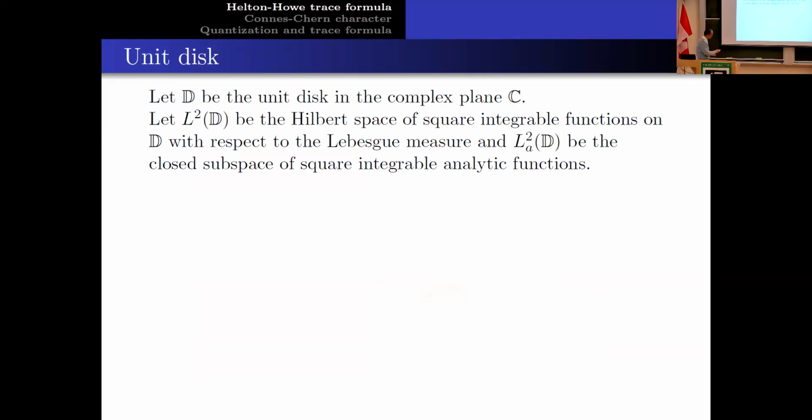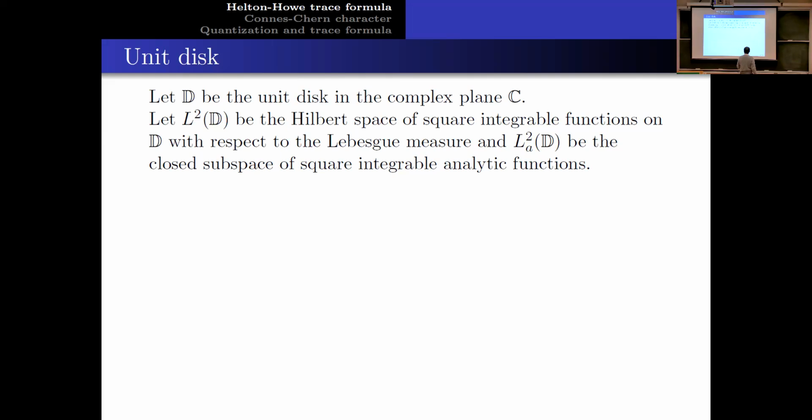Here we study the simplest possible topological space, the unit disk inside the complex plane. On this space, we have the L2 space, which we all learned in our first analysis class.